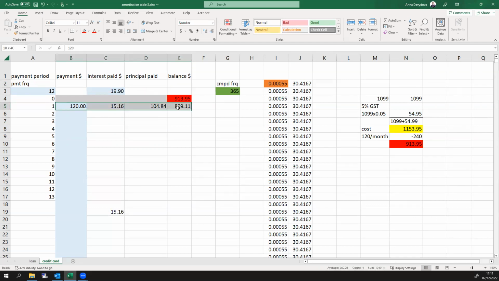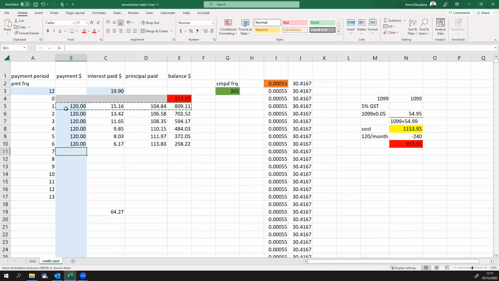Then this row is what happens after our first month's payment. We just copy this row and paste it down until we see that the balance is paid in full, which will happen quite soon.